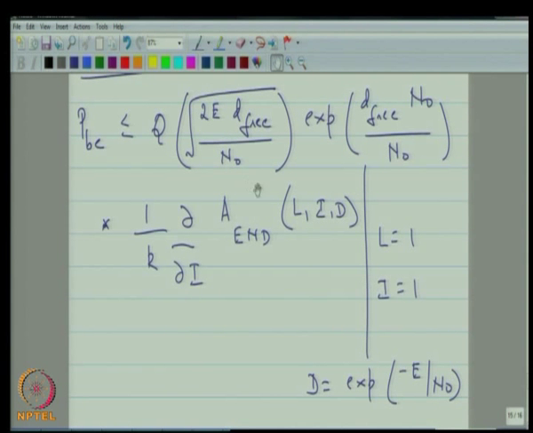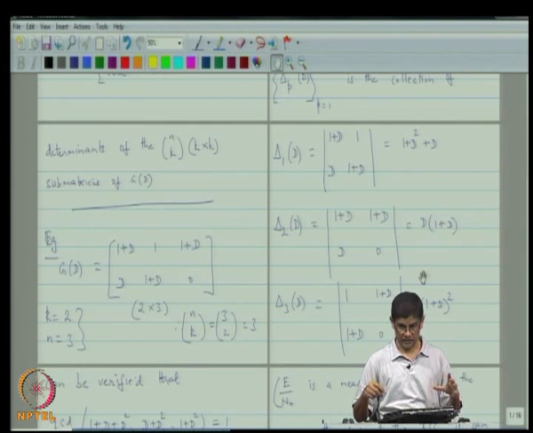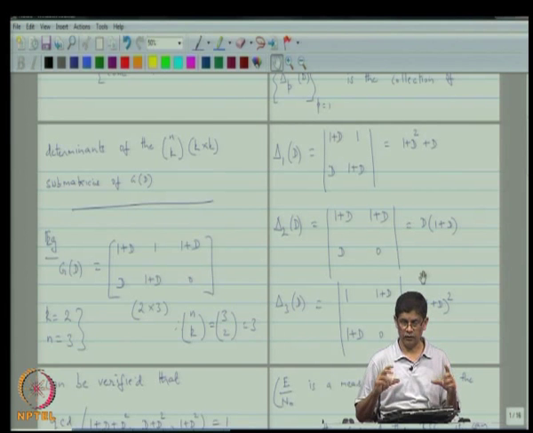Now, before I close, let me just summarize what we have done today. Let me zoom out so that you can take a look at our slides here. Today was kind of like a cataloging class, when we wrote down or listed all the topics in an effort to provide a somewhat complete discussion on convolutional codes.